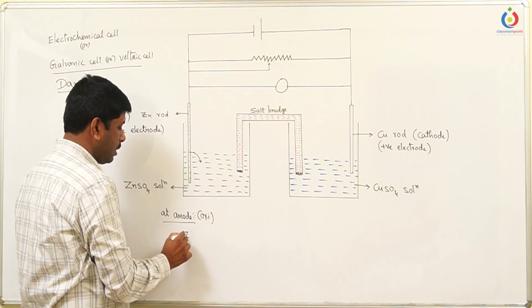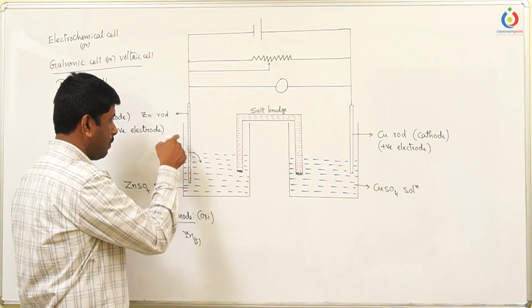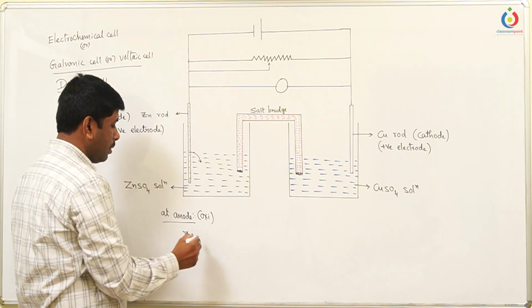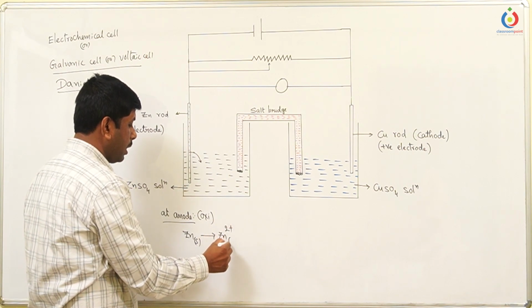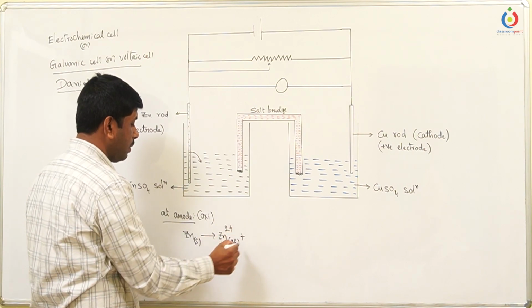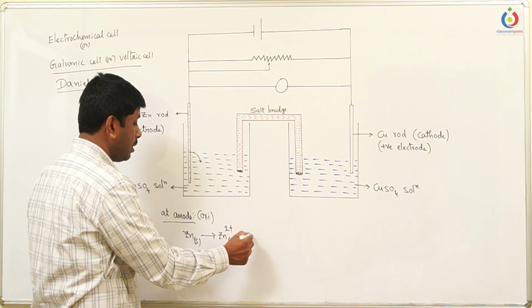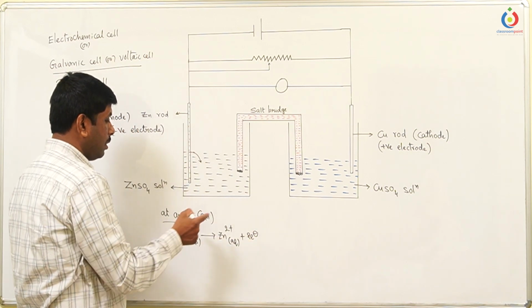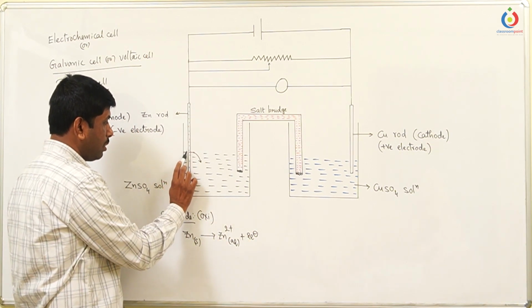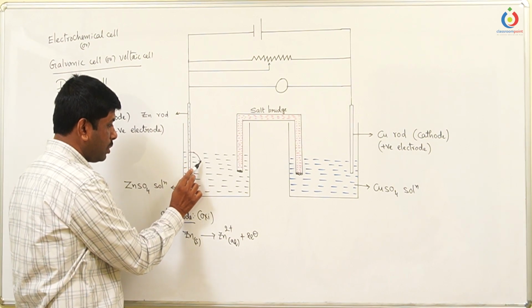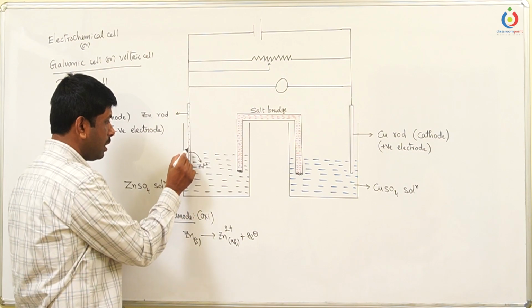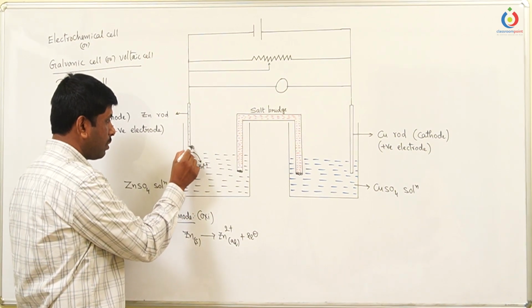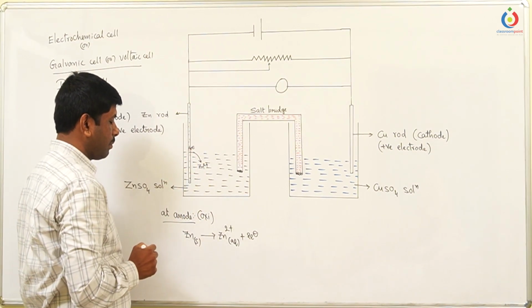That means a zinc atom in solid form on the metal rod loses 2 electrons and goes into the solution in the form of Zn2+ ions and 2 electrons. Before dissolving as Zn2+ ions, it leaves its 2 electrons on the metallic rod itself.